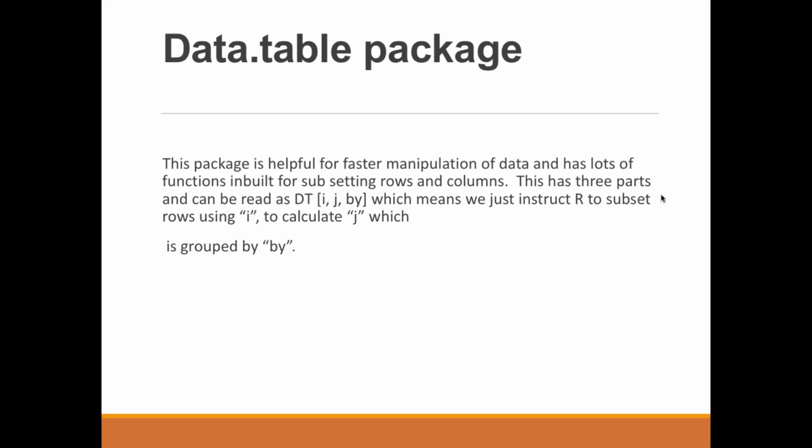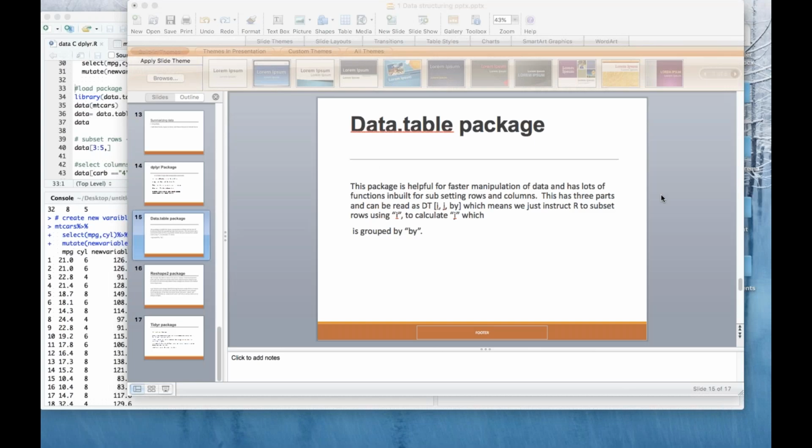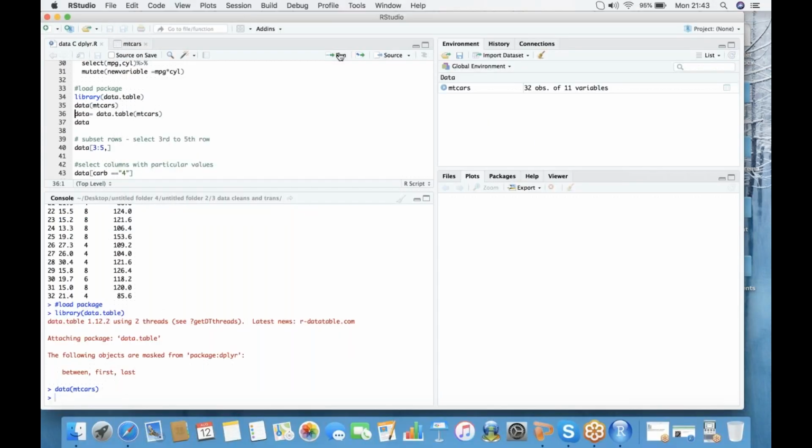So what I've done is I'm subsetting only the 3rd to 5th row. Okay, fine. It gives me only the 3rd to 5th rows.